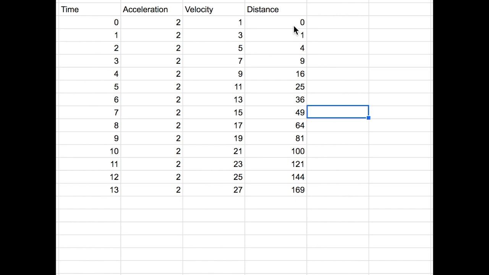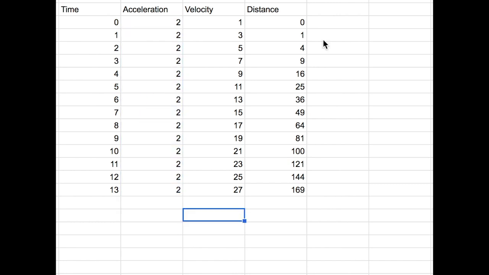Now, you may have noticed a pattern already, that the distances compared to the times here are the square of the time. And you might think, what an interesting pattern, what a strange coincidence that all the distances happened to be square numbers. Well, in this case, it's because I chose an acceleration of 2.